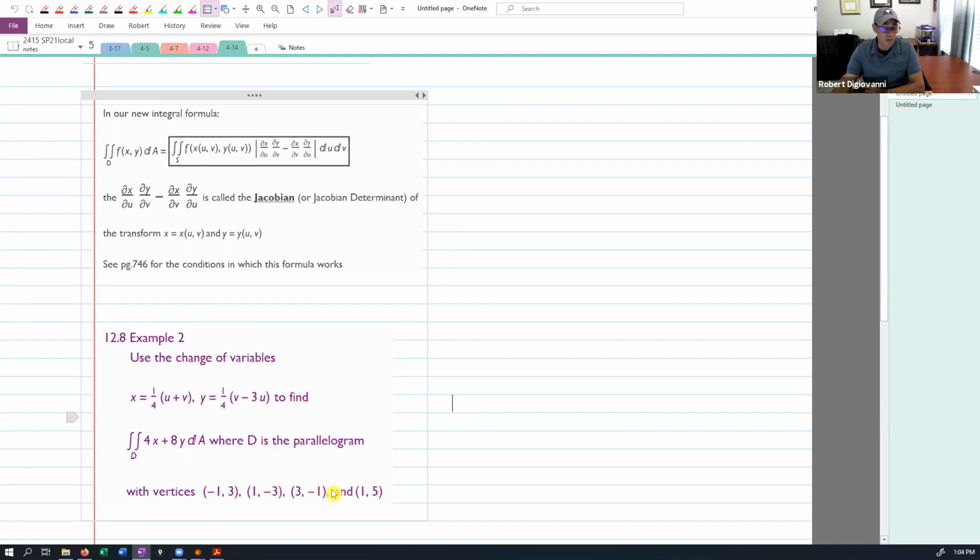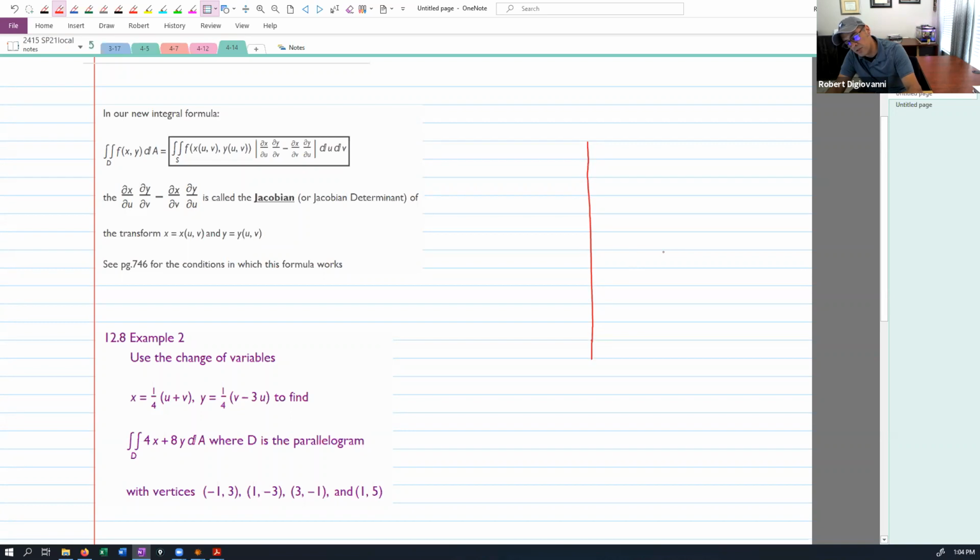So I'm going to start by drawing the region of integration, and then we'll start discussing what happens under this transformation. When I say transformation, I mean we are transforming our variables from x and y to u and v. So that is a transformation.